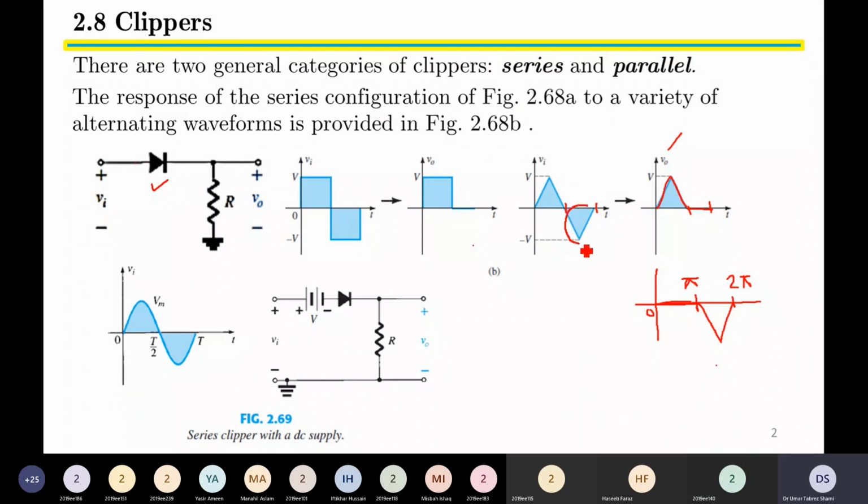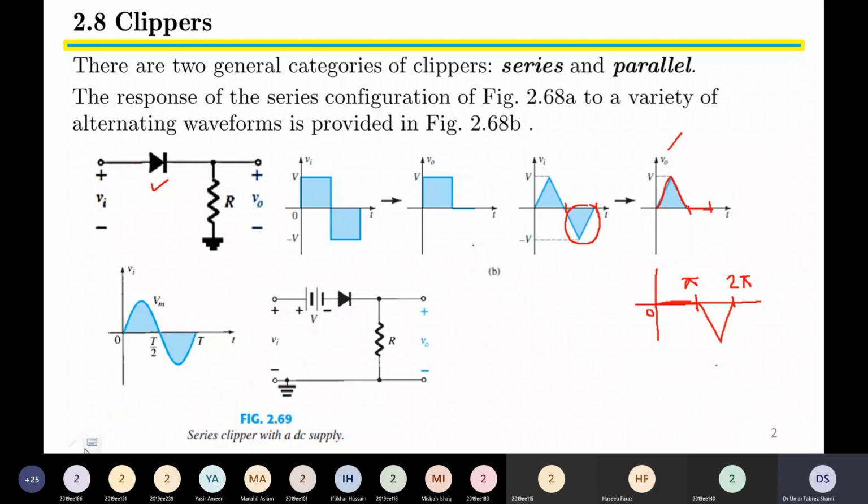This negative part has been clipped away. It has been eliminated, removed from the output. So the clipper has removed the negative part of the input voltage when the diode has the anode connected to the battery and cathode connected to the output.